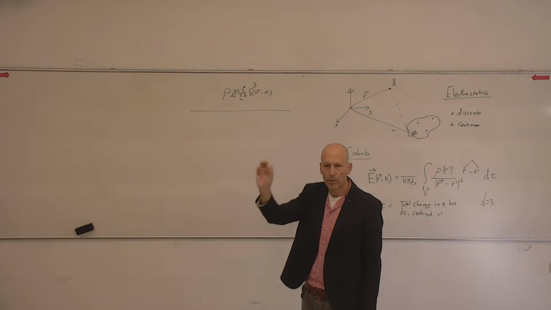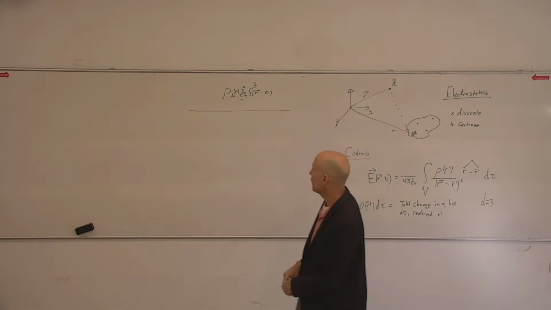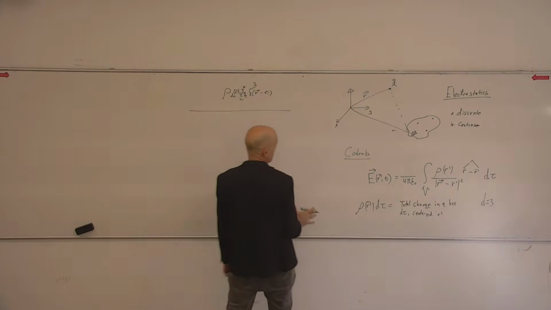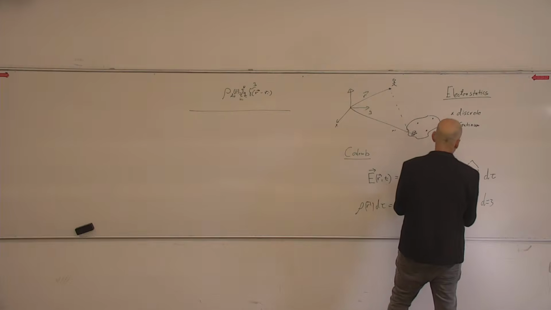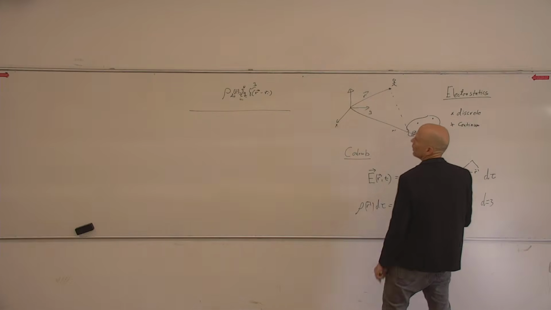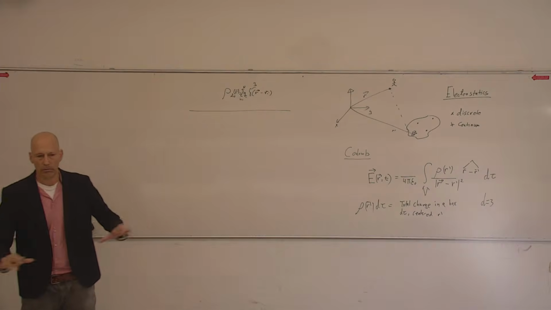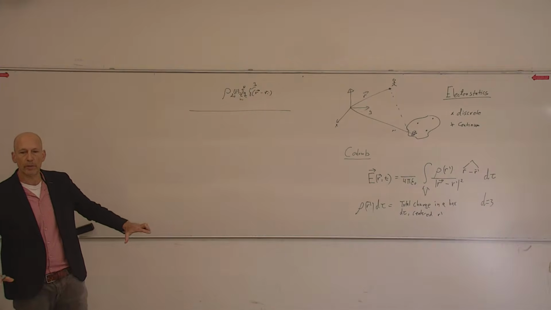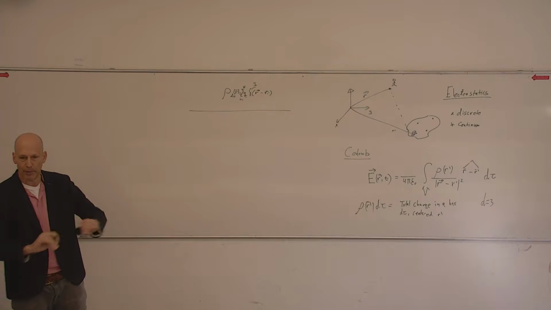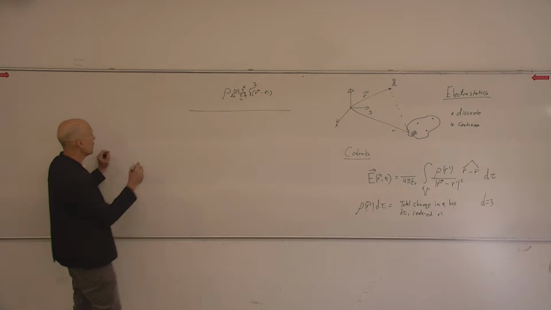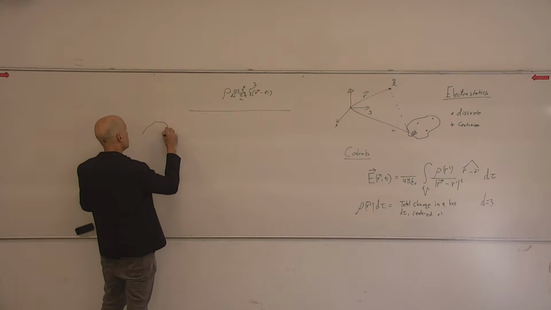The geometry of this object can be extremely complicated, but in this case, I wrote a rho and d tau. Now we have to change the notation because the charges are in 2 or in 1 dimension. The real world is in 3 dimensions, but we can describe, let's say, a surface, a membrane. So this is a surface, dimension 2.